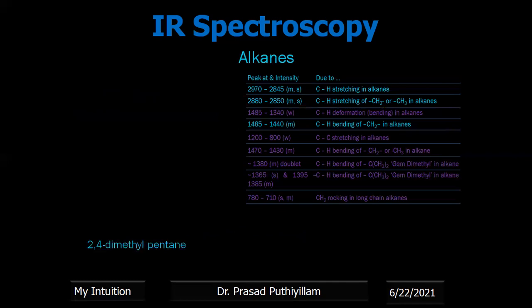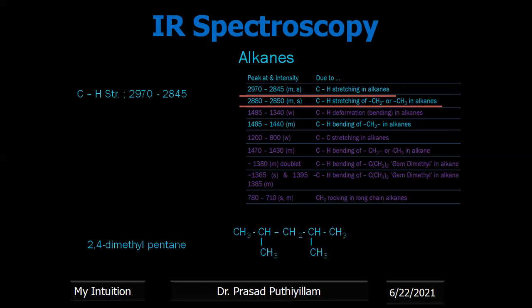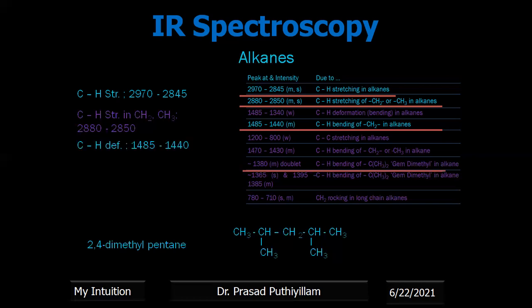Another example, 2,4-dimethylpentane. Again, it is pentane, position 2 as well as position 4 having a methyl group, and it should give CH stretching, normal CH stretching, then CH stretching of CH2 and CH3. It should give CH bending of CH2 in alkane. It also should give a doublet because it is a type of geminal dimethyl group.